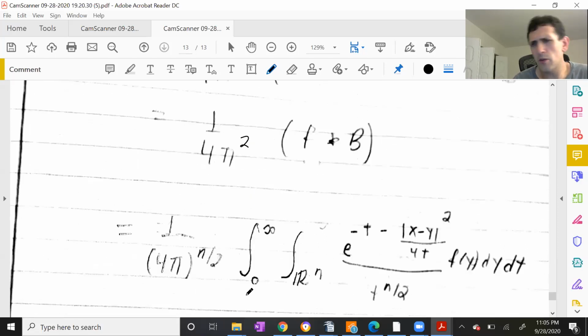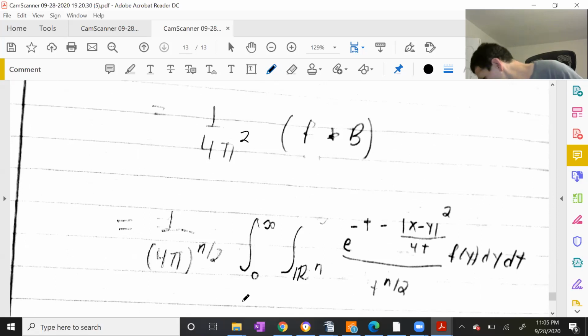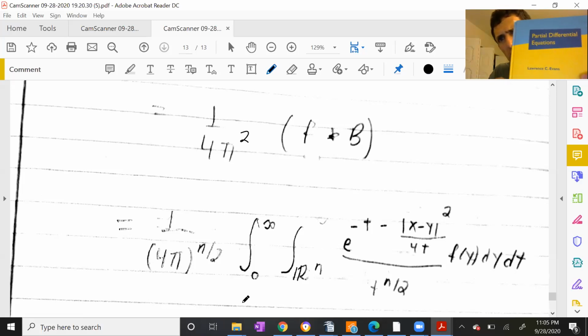Okay, and you can prove it, it's a little bit tough. There's some work to be done, and if you want to know a good place where this is proved, I like this book a lot, and Professor Bachanu can vouch for this. It is proved in Partial Differential Equations by Lawrence Evans.